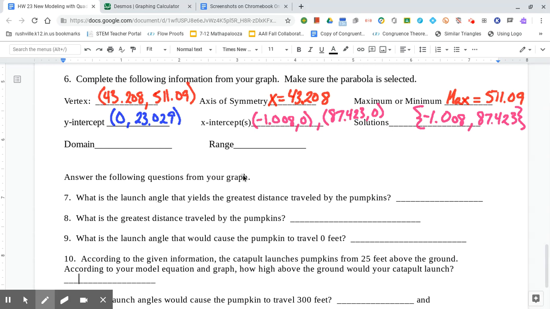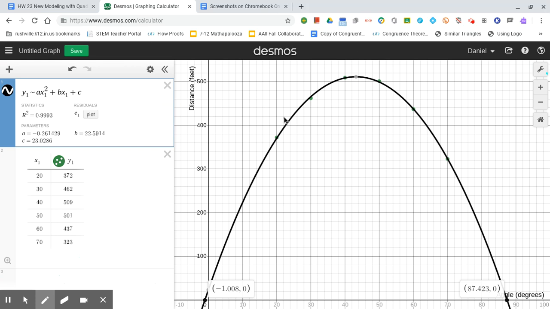Okay, and so one last task for us to tackle is the domain and range. And this is going to be a little bit different than it has been. We normally, for domain and range, incorporate infinities or negative infinities. But for a word problem like this, it doesn't quite make sense. So when we talk about this particular application, we could talk about the domain of our x values that would make sense for flinging pumpkins.